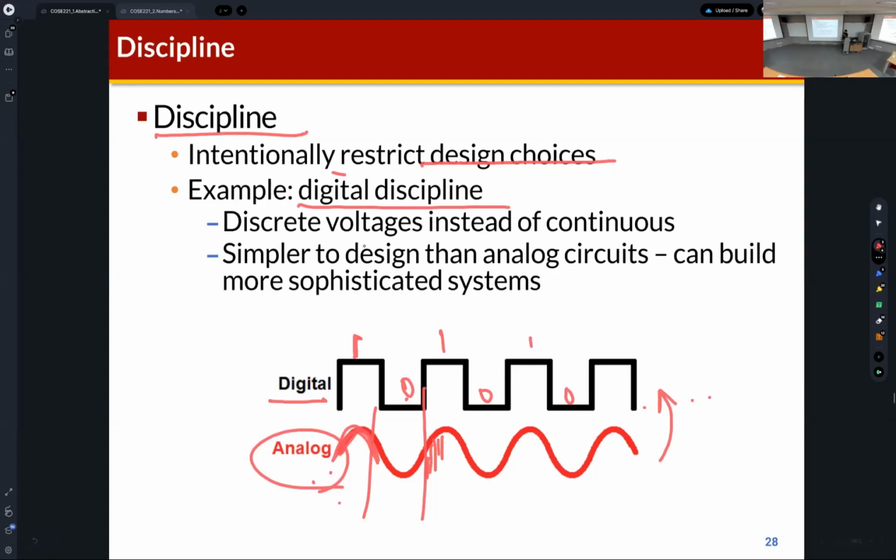Even though there are many values and many different levels in the analog signal, we can represent it using a digital signal like 1 0 1 0 1 0. So it's very simplified.